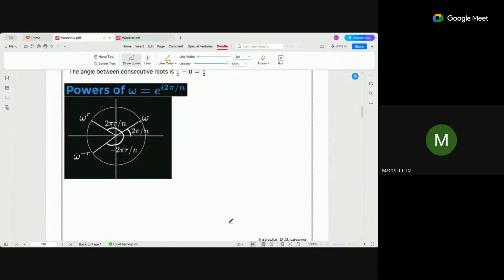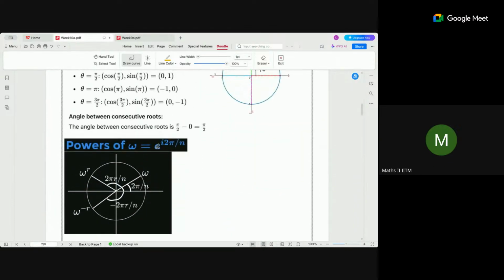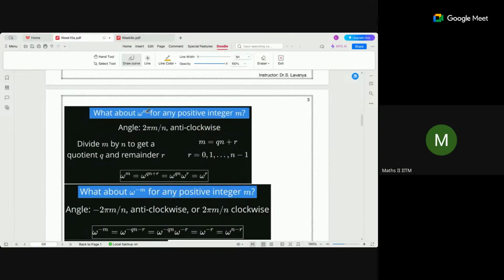Before that, what are the powers of this nth root of unity we are seeing? What are the powers of omega equal to e power 2 pi i by n? Let us consider any positive integer first of all. What is omega power m?